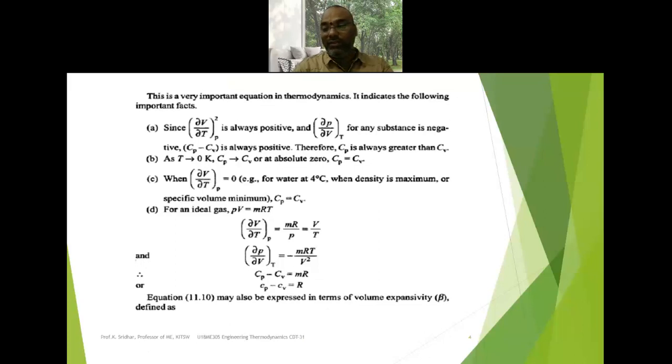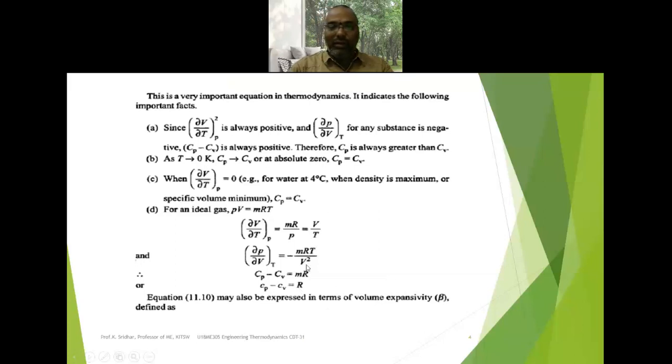That analysis is very important. Whenever you go through the analytical part of the difference in heat capacities, here I have written the four important parameters. From these four important parameters, we are able to get Cp minus Cv equals R. That is a very important one.